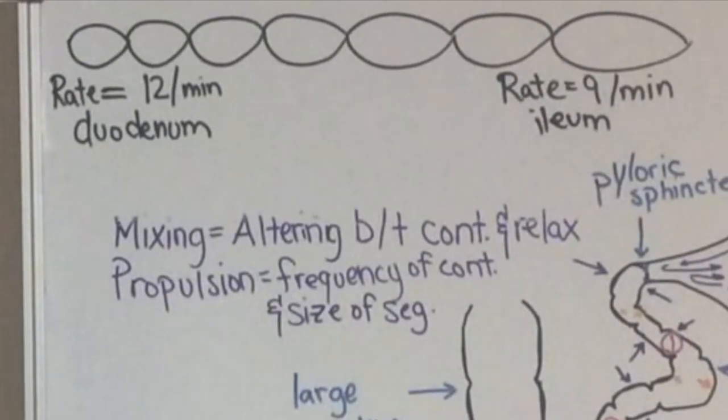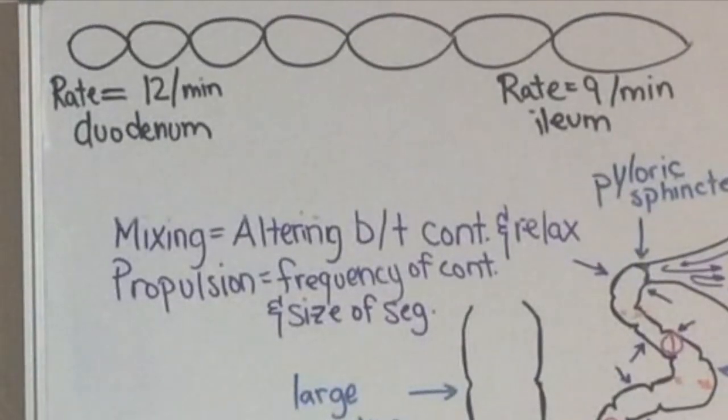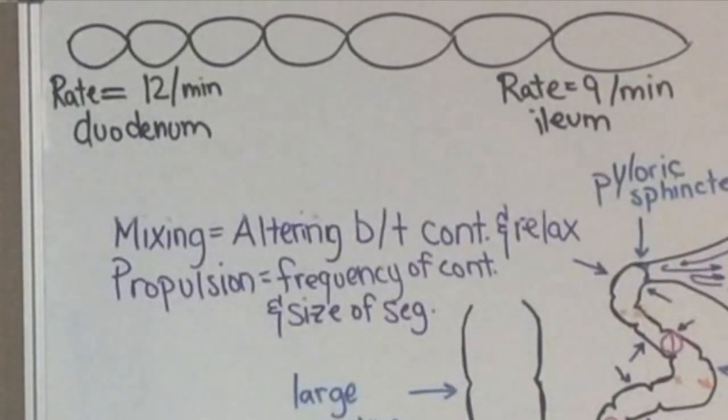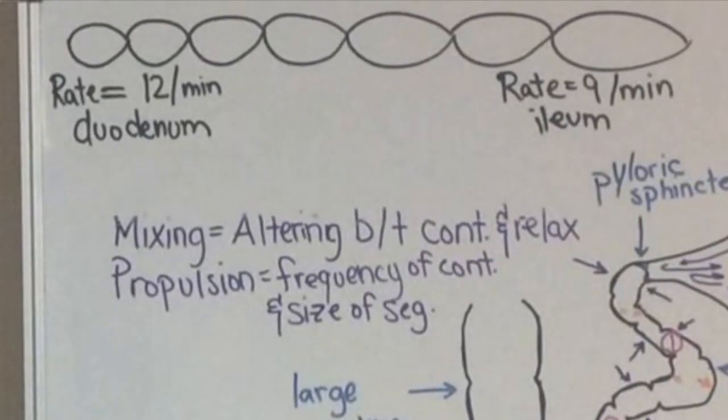This more frequent contraction forces more movement of chyme from the top of the small intestine towards the end of the small intestine. The small intestine also varies in the size of segmentation from the duodenum to the ileum. Segmentation is more frequent in the duodenum, and therefore the size of the segments are smaller.